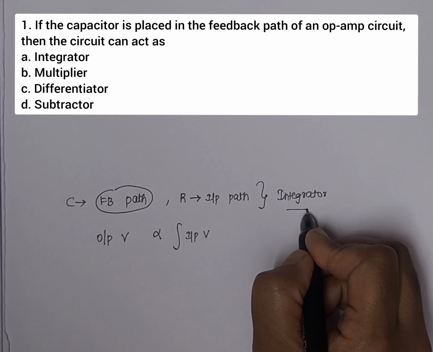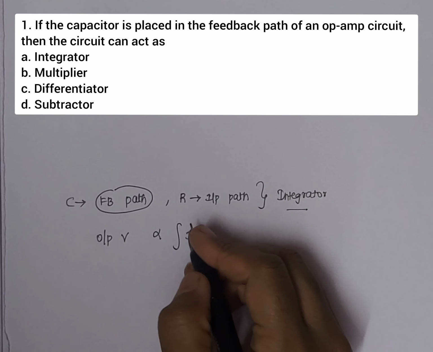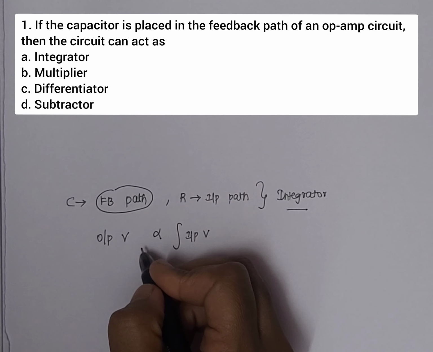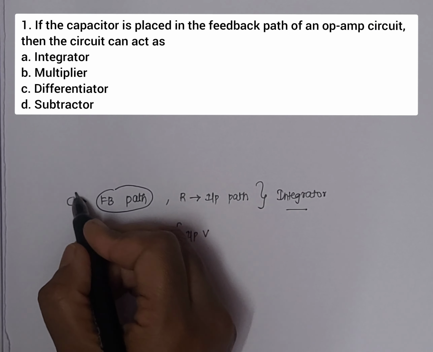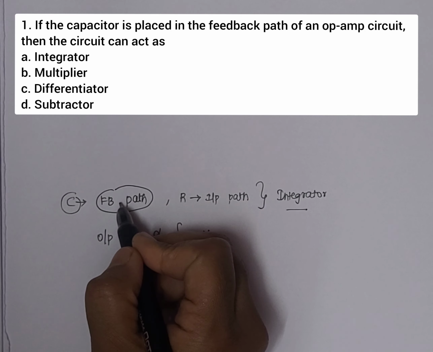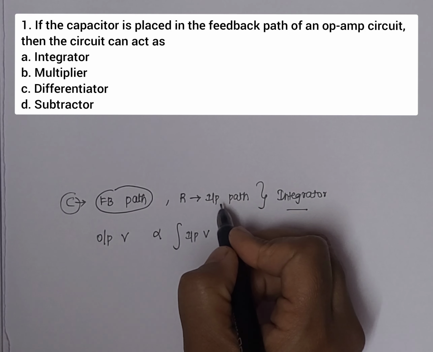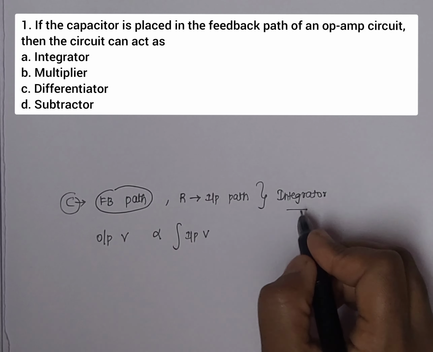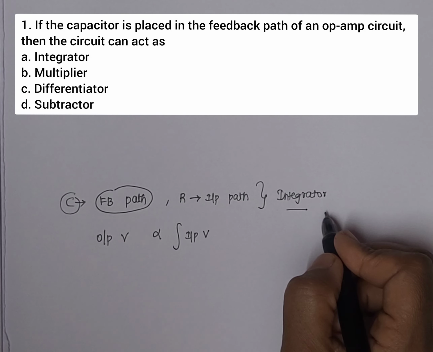When we consider the other options, which are multiplier, differentiator and subtractor: a multiplier requires non-linear elements and not just a capacitor. For the differentiator, the capacitor will be in the input path and the feedback path will be occupied by the other elements; under that condition, we will get a differentiator.